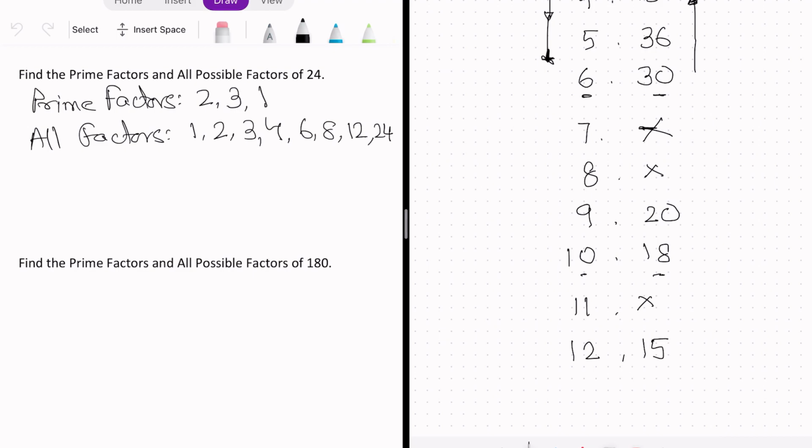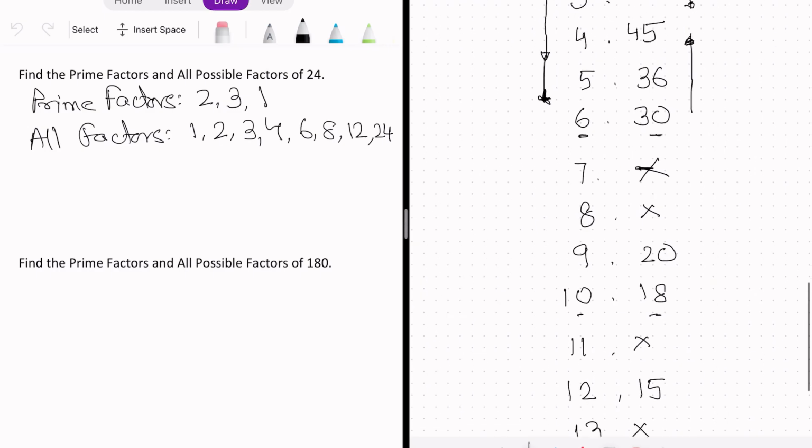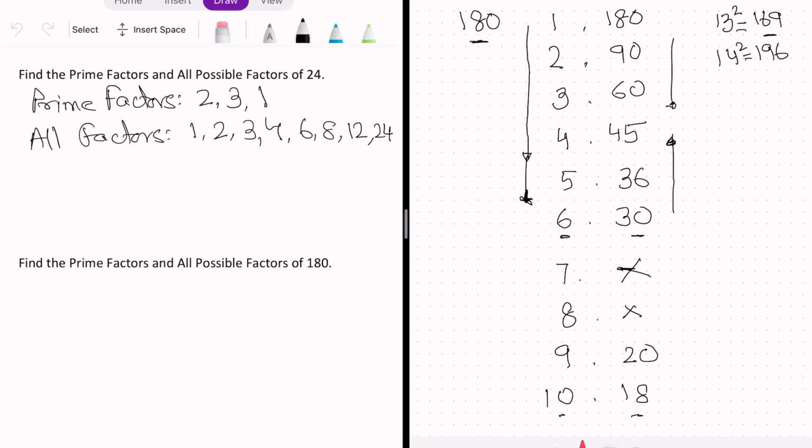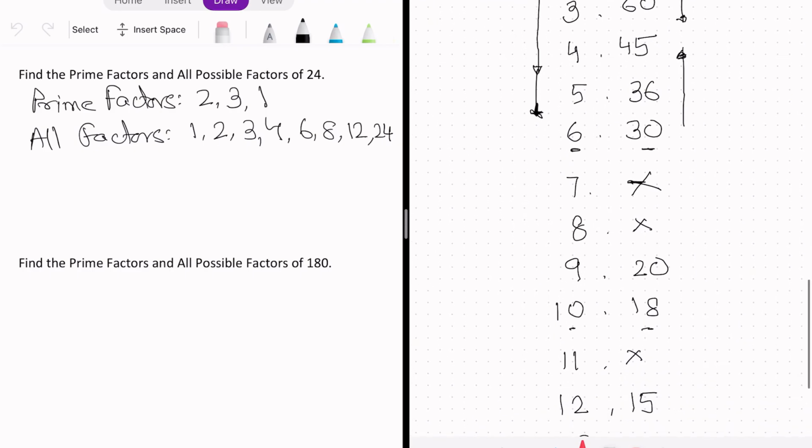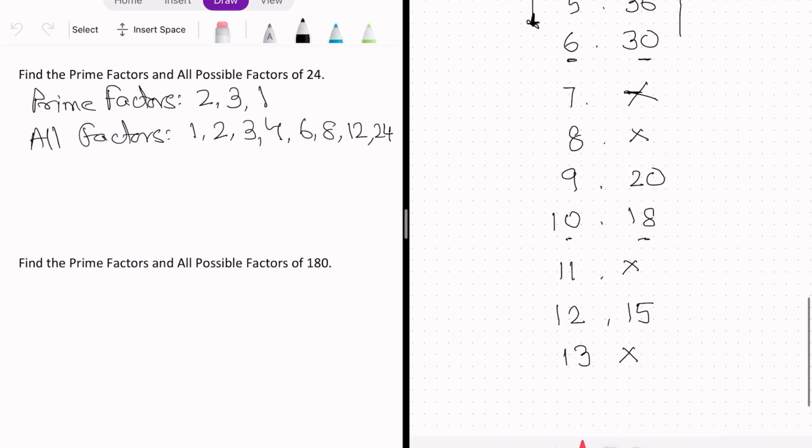13, being an odd number, cannot be a factor of 180. And I know from this situation that the maximum number can never be more than 14. So this is where I stop. Now, just for the sake of calculation, I know 14 is not a factor of 180, right?